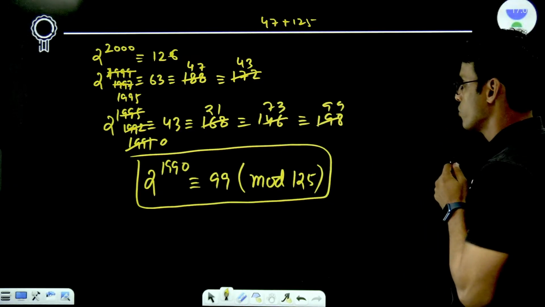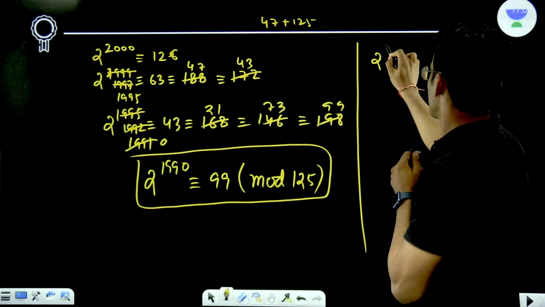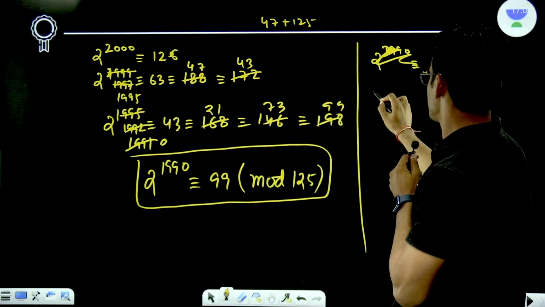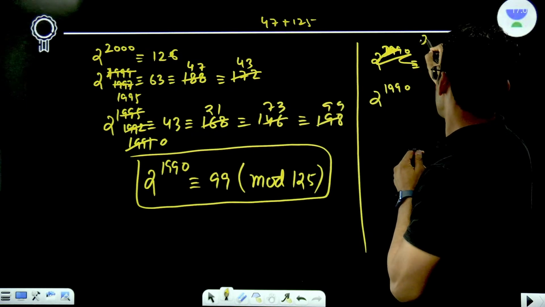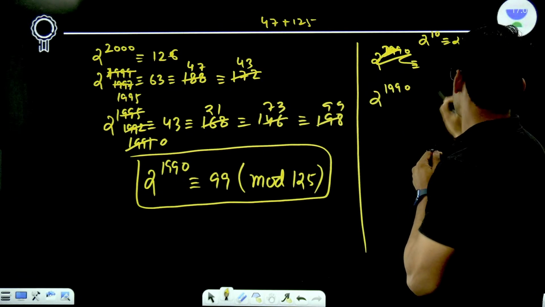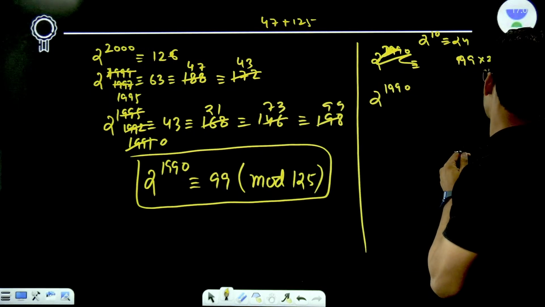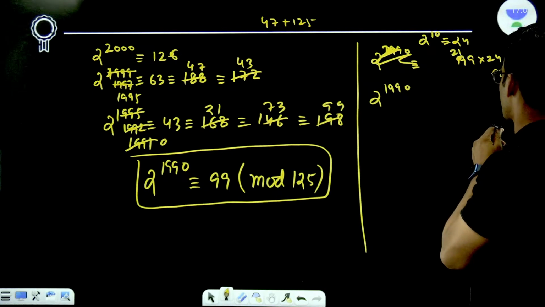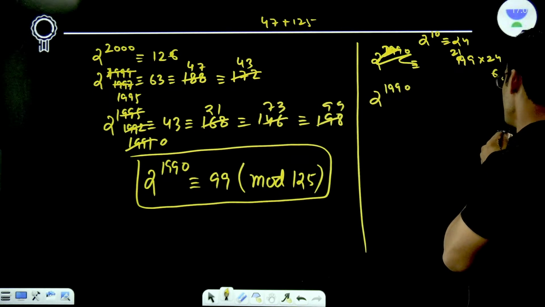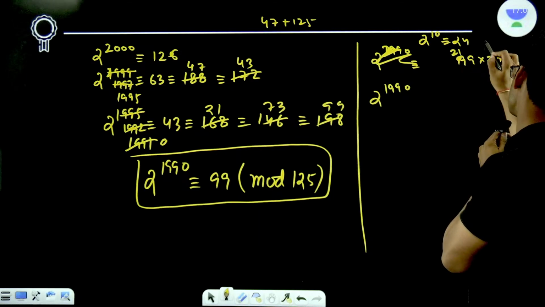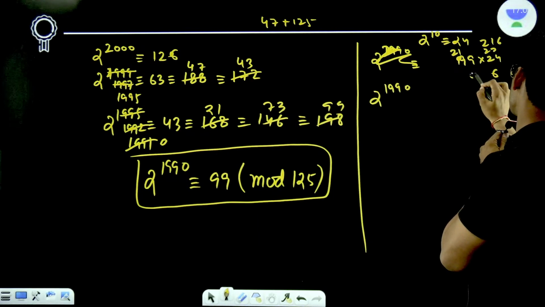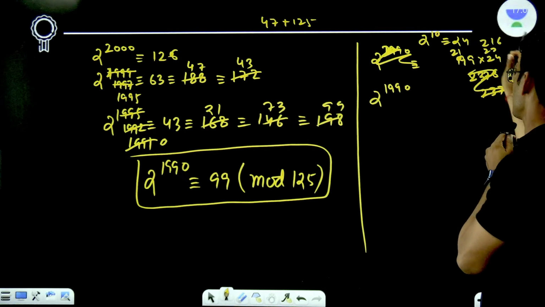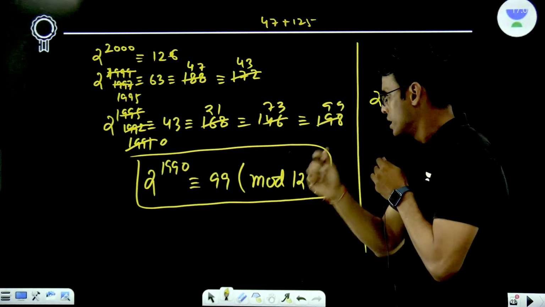You need to verify, guys. 99 is correct. 99 is certainly correct.